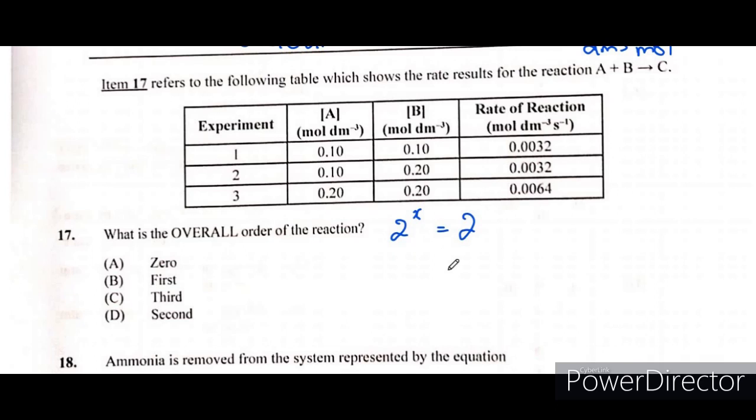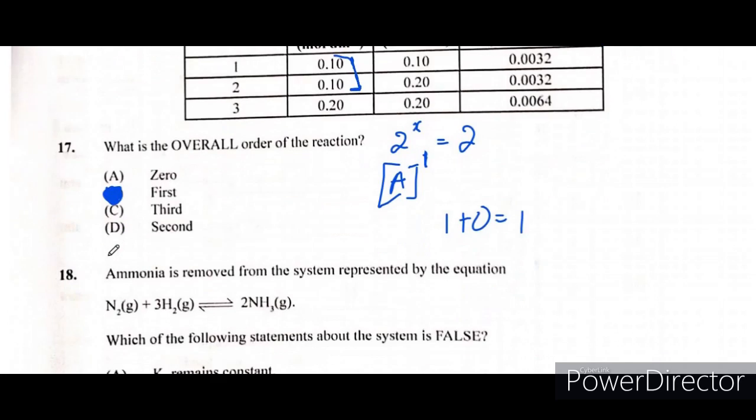So the reaction is first order with respect to A. Now let's look at B. It's constant here, so we'll look at experiments 1 and 2 for B. Now we see where it increases by a factor of 2, however the rate does not change, so it is 0 order with respect to B. With that said, the overall reaction would be 1 plus 0, which is 1, so the overall order of the reaction is first order. So 17 is B.